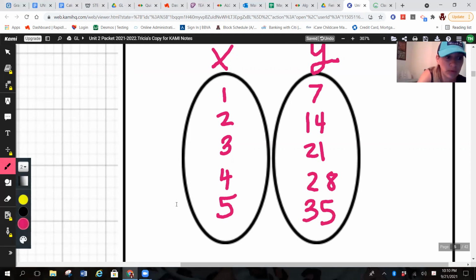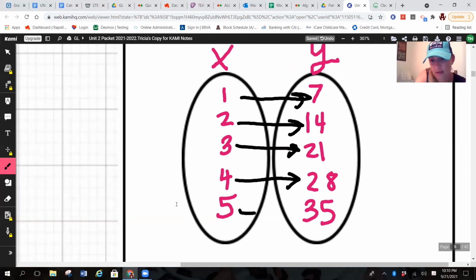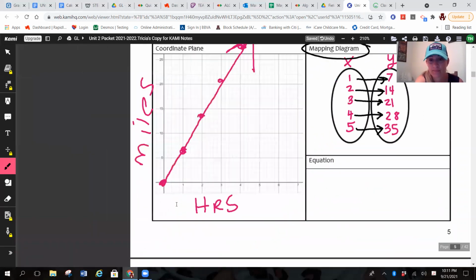But your normal mapping diagram does not go straight across. But because this is a linear relationship and we're doing the first 5 values of X and Y, that's why they're going straight across. So this is how we would map my X values, my inputs, to my Y values, my outputs. Again, this is called a mapping diagram.